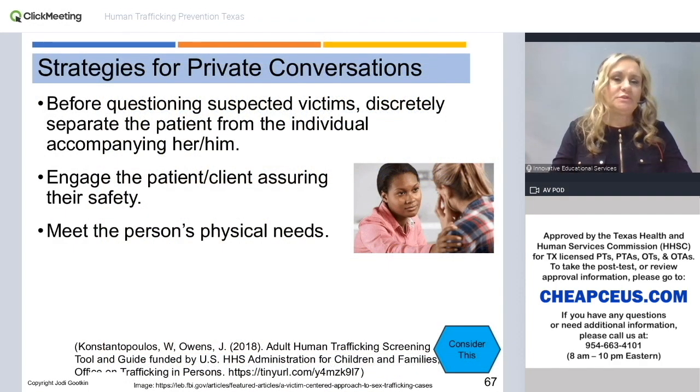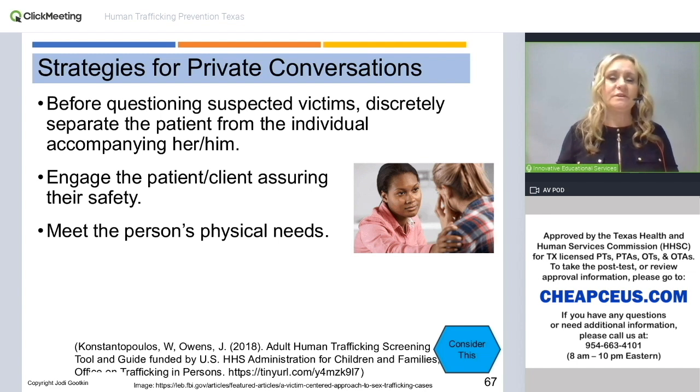If you are able to engage the individual safely to gather more information and determine if this is a potential case of human trafficking, you want to establish a relationship. That's critical: you create an atmosphere where the potential victim feels safe to express additional information to you. The first step in that is to separate them from the individual accompanying them.